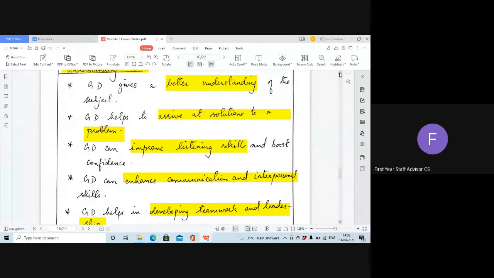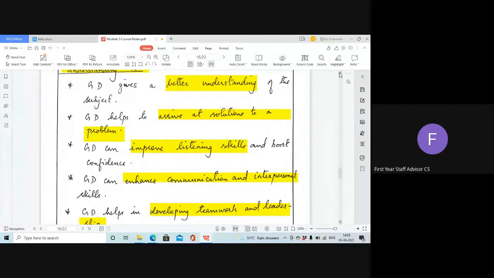That is, you gain a better knowledge of the subject that you are discussing. Then it helps you to arrive at a solution. If suppose a problem is to be solved and you're discussing the solutions to the problem, it helps you to arrive at a solution to the problem. Then it can improve your listening skills, because only after listening you will be able to speak.